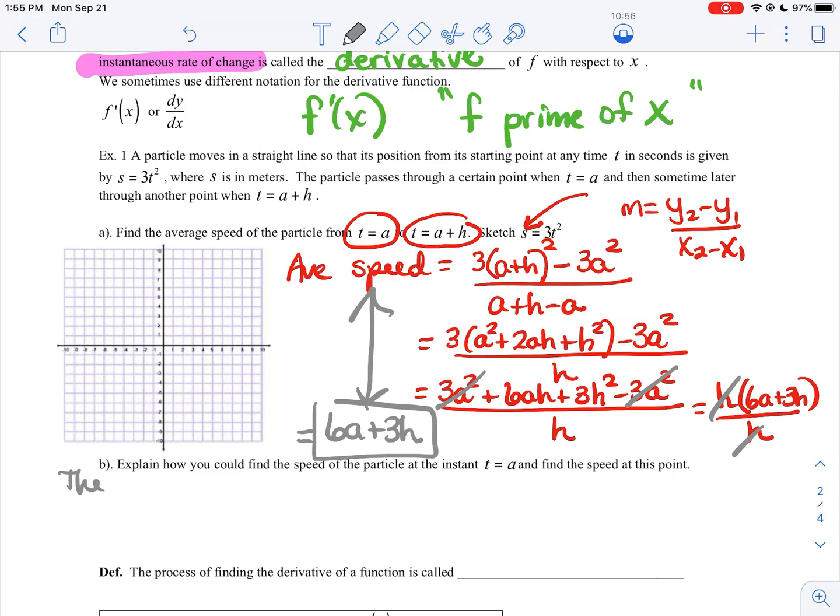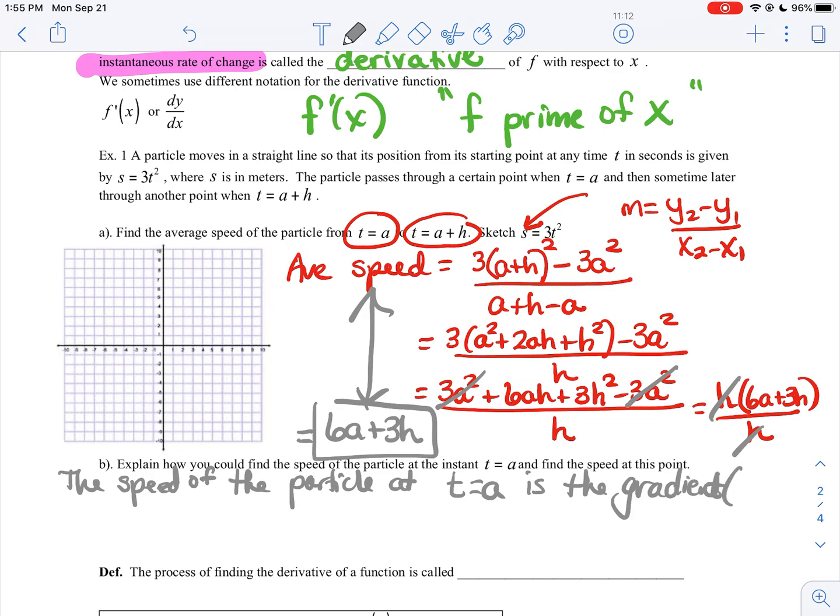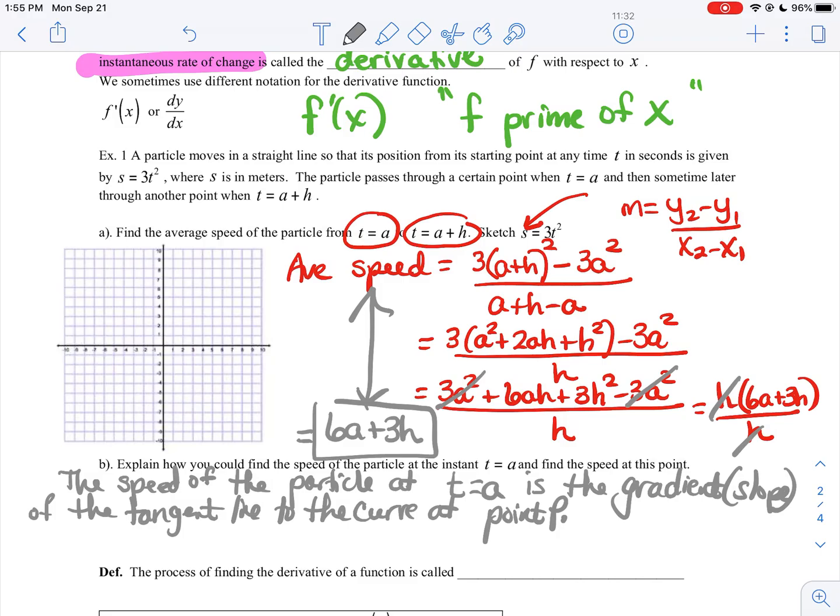Okay, so here's the deal. The speed of the particle at t equals a is the gradient or slope of the tangent line to the curve at point P. This tangent line is found when h is 0.